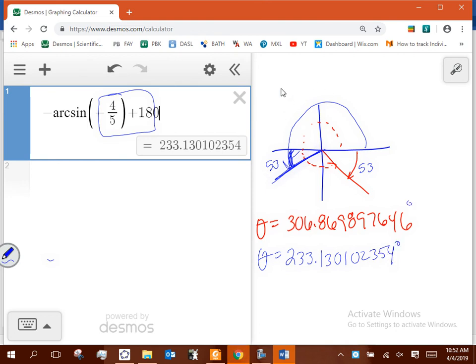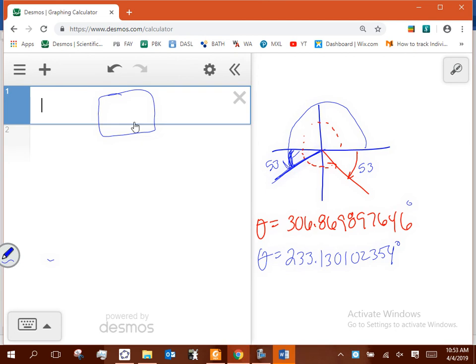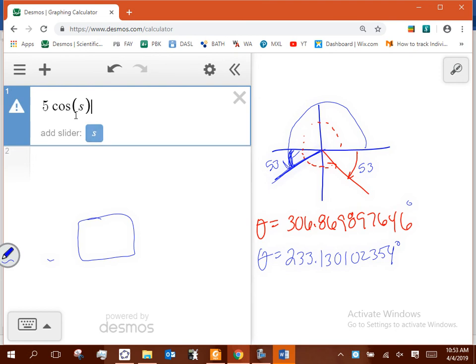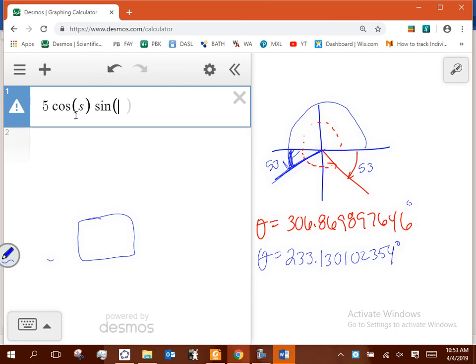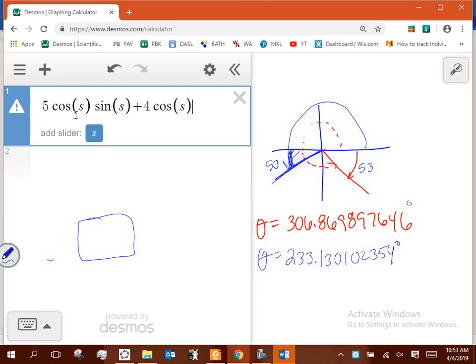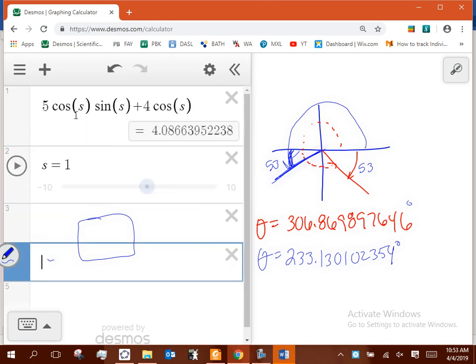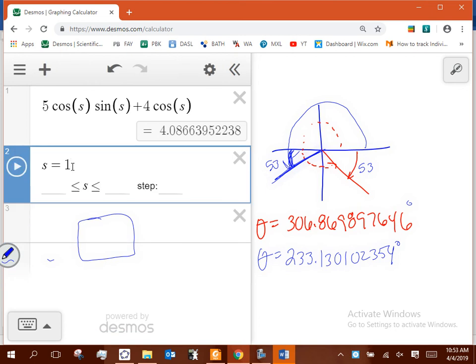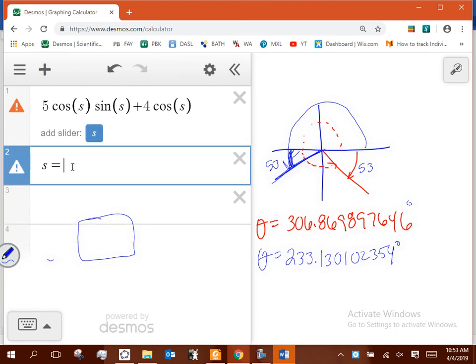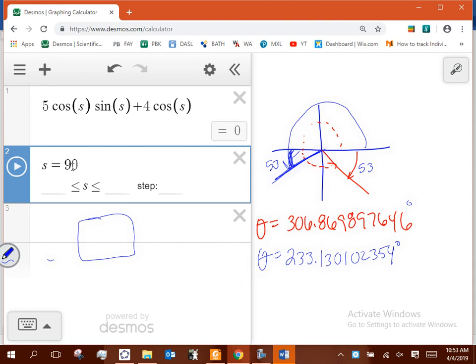Is that right? Okay. So let's go through real quick. I'm going to write that original equation. It was 5 cosine theta sine theta plus 4 cosine theta. Is that what we had? Now the reason I'm using S here is because I want to take S and rewrite it as 90. Do I get 0? Write it as 270. Do I get 0?